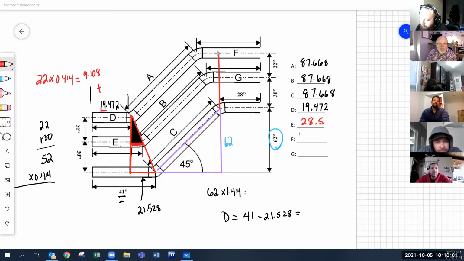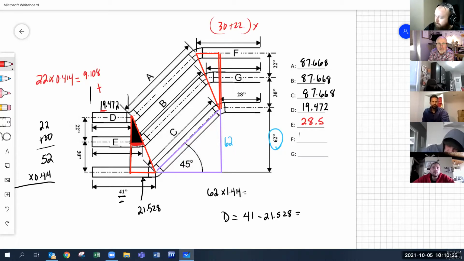So I'm going to go right up to the top and then cut the 45s in half. Now I have a 22.5 degree right angle triangle. I can get F right now because that would be the entire run right in here. This entire run is equal to 30 plus 22 bracket times 0.414.